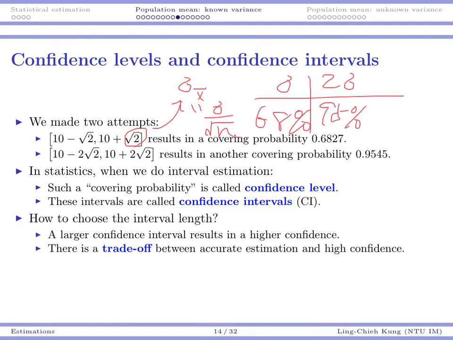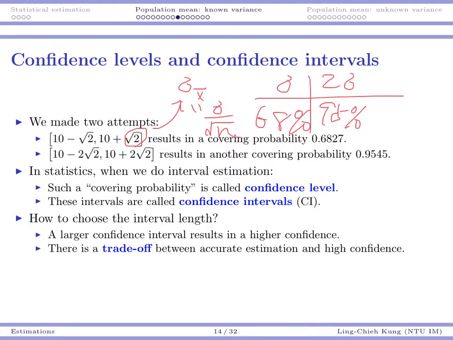In any case, we are allowed to create any interval to estimate our population parameters, but only when we can measure the confidence level can we call it a confidence interval.